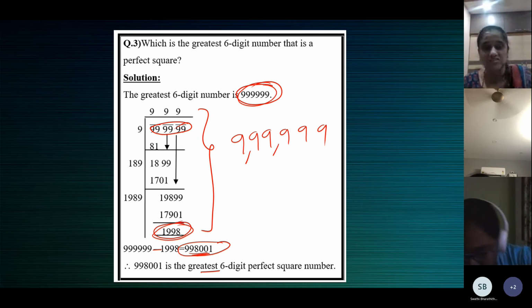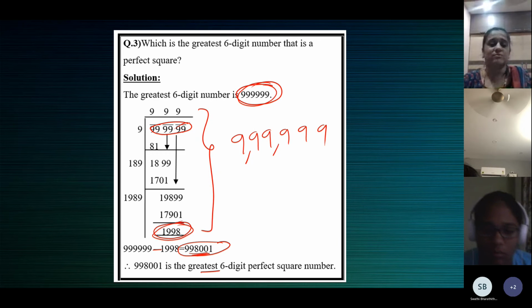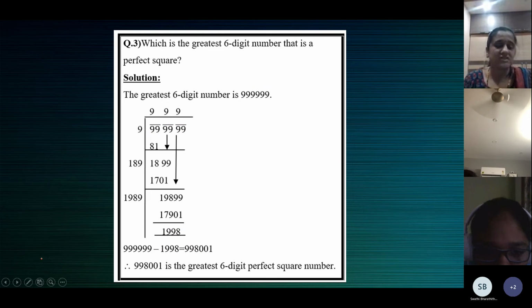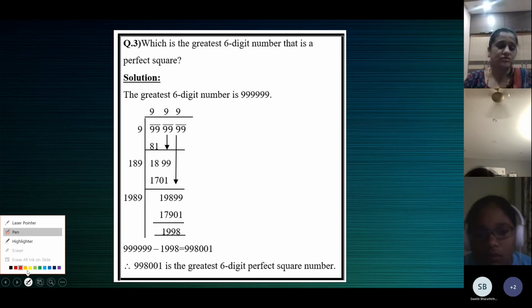So make use of the greatest 6-digit number, perform the long division, you get a remainder. Find the difference, you get a new number. That new number will be the greatest 6-digit number which is a perfect square. Got the procedure? No doubts?